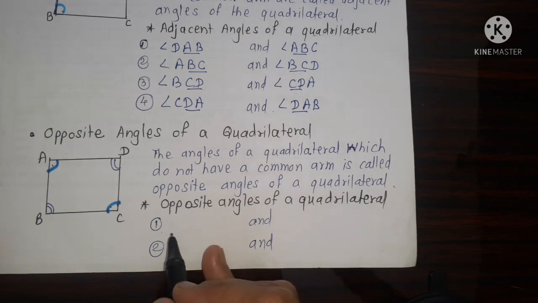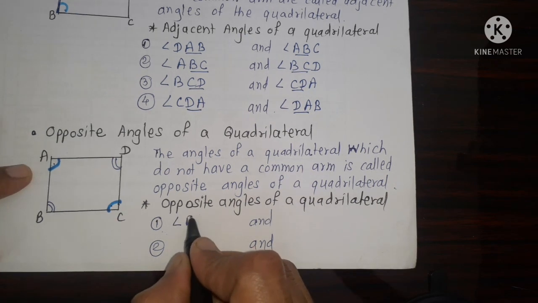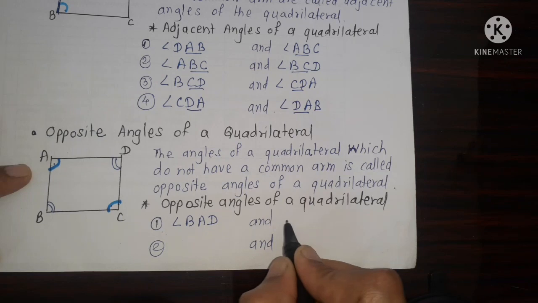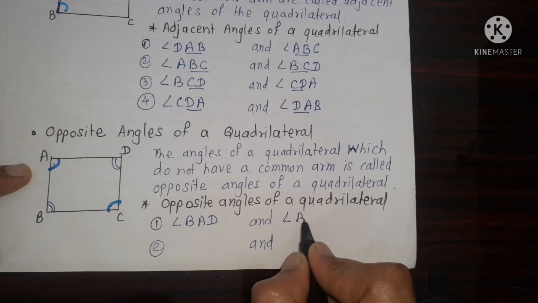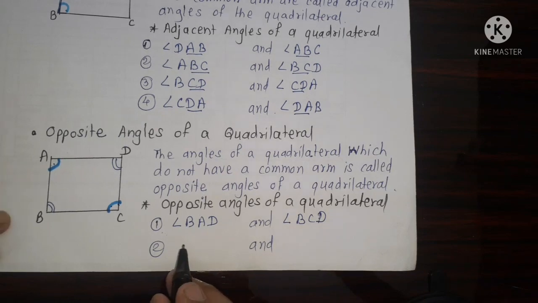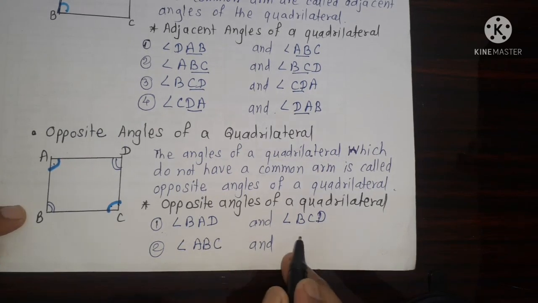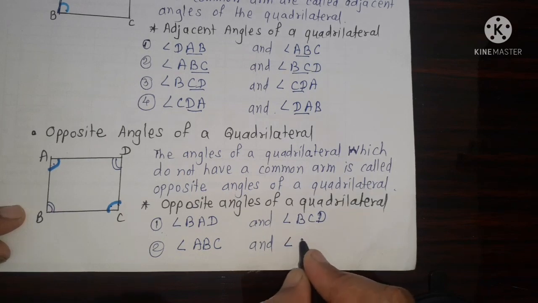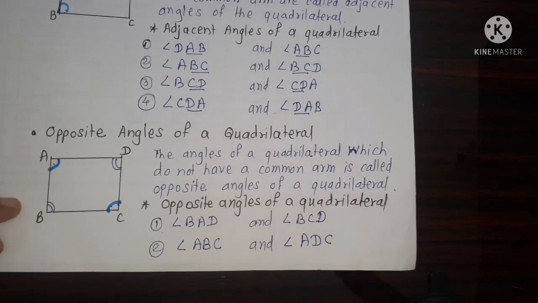Angle BAD is opposite angle BCD. No common arm. Second pair, angle ABC and angle ADC. No common arm. These are called opposite angles of a quadrilateral.